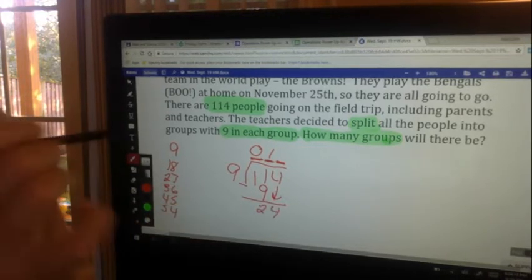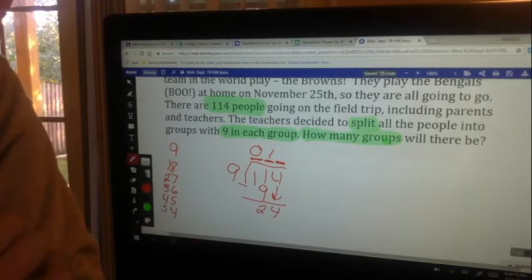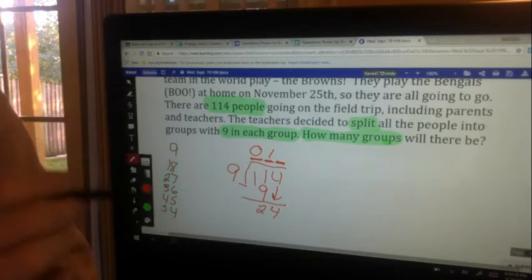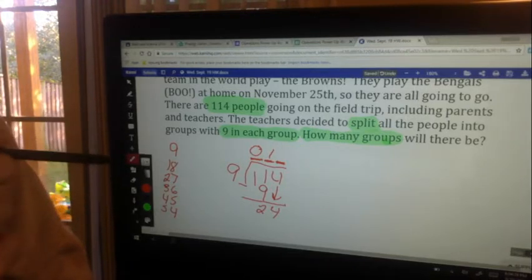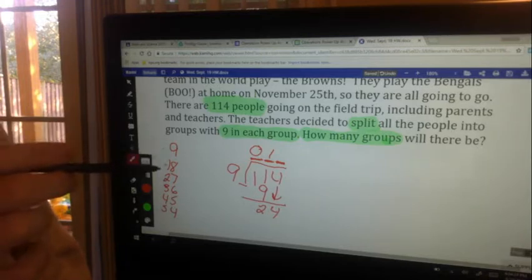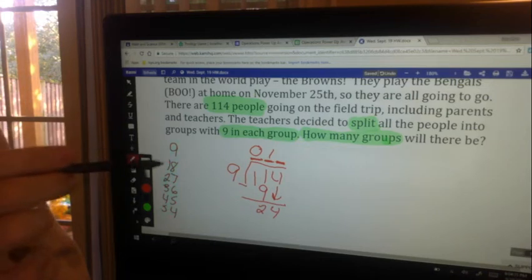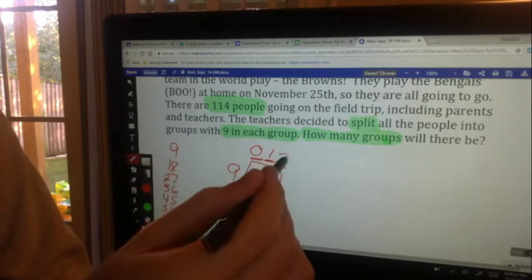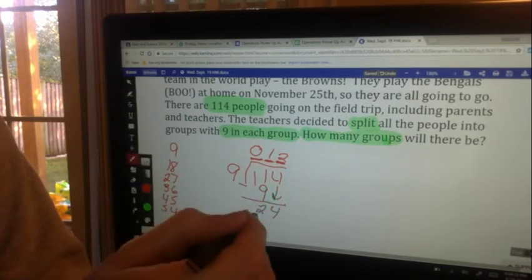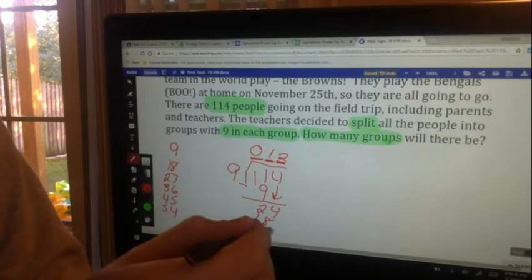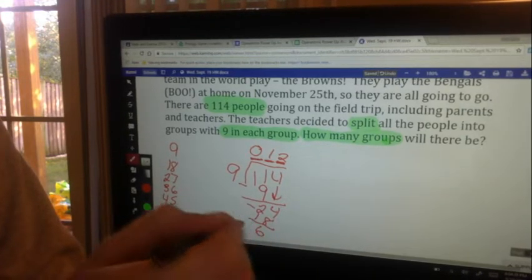So we still have 24 to split up. Now using my list over here, that can kind of be helpful. So what I'm going to say is 9, 18, 27, 36, 45, 54. That's going to be 2 groups of 9. 2 times 9 is 18. And then 24 minus 18 is 6.